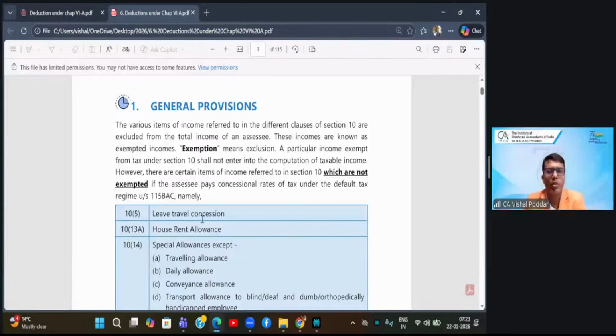So where a particular source is kept in section 10, in section 10 also you have a big list, like you have a big list under section 80. Whatever is kept under section 10 is called exemptions. For all those items, you are not required to pay any tax because the source of income referred to in section 10 is exempted from tax.